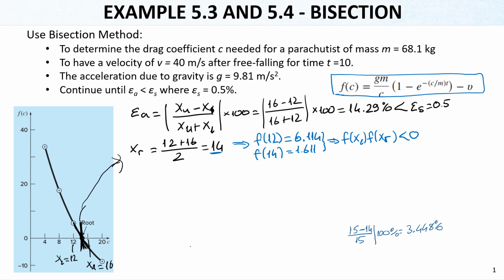Because these are both positive, for this case, f12 times f14 is equivalent to 9.850, which is greater than 0. Then it is not on the left side, because there is no sign change. No sign change.